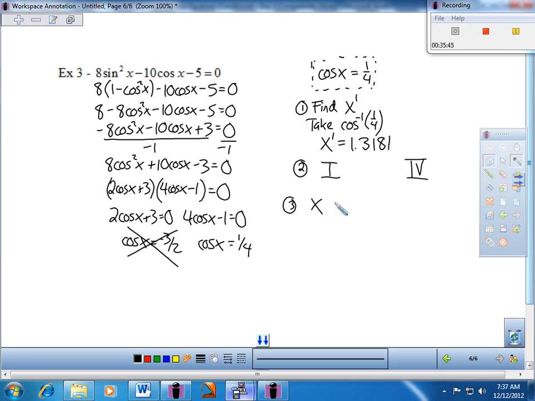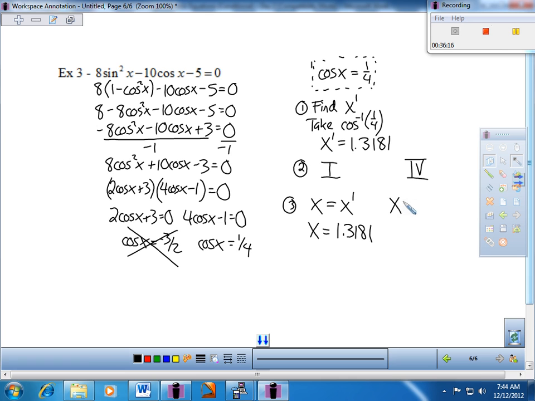Remember, in quadrant 1, this is the nice thing, x is x prime. So the calculator, again, is doing some service for us. In this case, it actually gave us one of our solutions. So x actually is that 1.3181. All right, great. Now there is a secondary angle that also has that precise cosine ratio, and that one is down in quadrant 4.